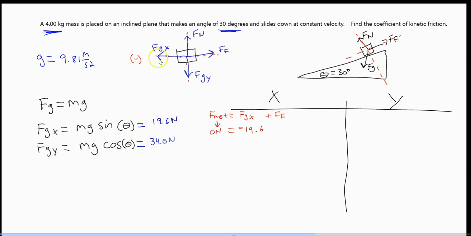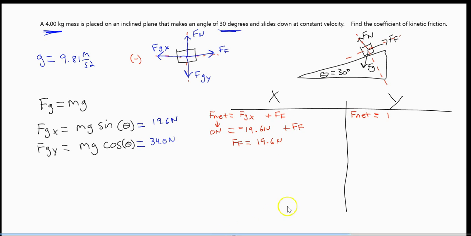I've decided to make this my negative axis, so Fgx is going to be negative. And that means since we're at constant velocity, the force of friction must exactly balance it out. So my force of friction is a positive 19.6 newtons, meaning to the right. In other words, Fgx made the mass want to slide down the plane, and I called down the plane negative. And the force of friction wanted it to stay where it was, so it pointed up the plane.